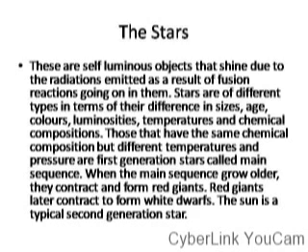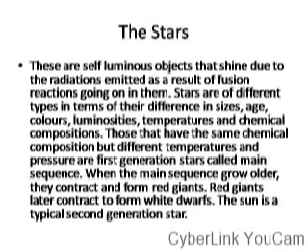In fact, the sun is also a star. According to astronomers, stars have been classified into different groups as a result of their sizes, ages, colors, luminosities, temperatures, and chemical compositions. Those that have the same chemical composition but different temperature and pressure are called first generation stars.